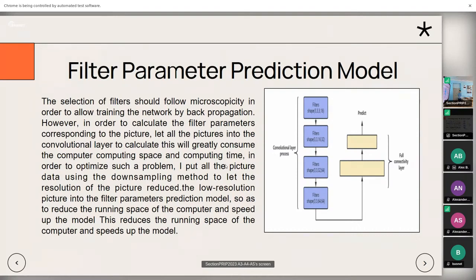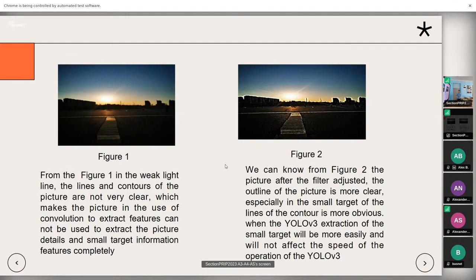I don't want my YOLO model's speed to be lower. So I use downsampling. Downsampling makes the image low resolution, and this can help speed, not too slow.